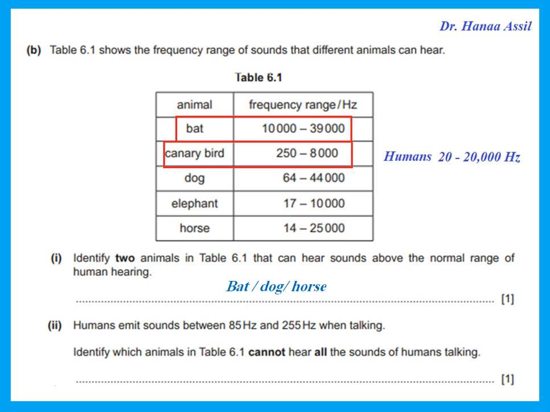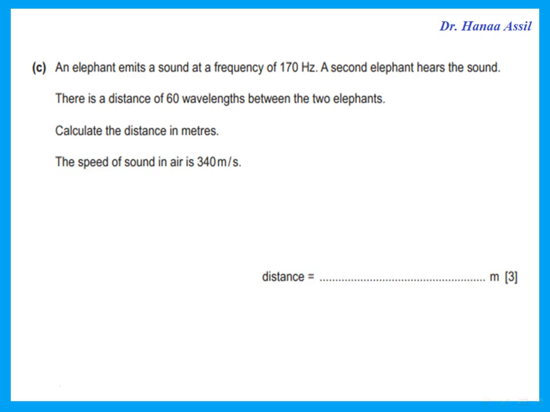The bat, because it hears much higher, and the canary also, he says, cannot hear all the sounds. The canary can hear some of the sounds, but it will not be able to hear anything below 250. So both bat and canary bird cannot hear all sounds of humans talking.